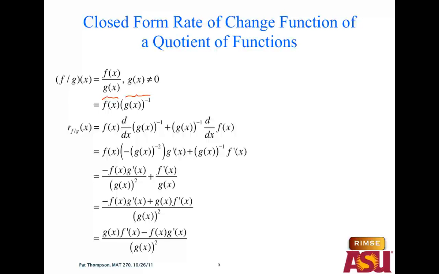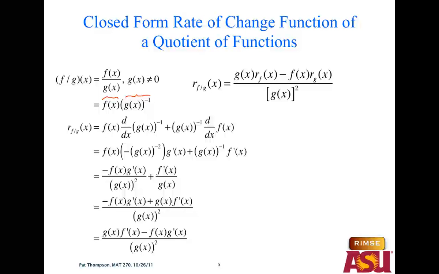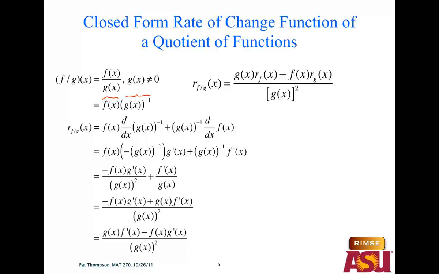But we've got a trick, okay? So what are we saying? It's the denominator times the rate of change of the numerator minus the numerator times the rate of change of the denominator divided by the denominator squared. Which is just a couple steps of algebra from this right here, using the product rule.